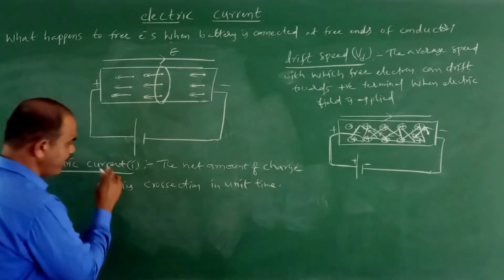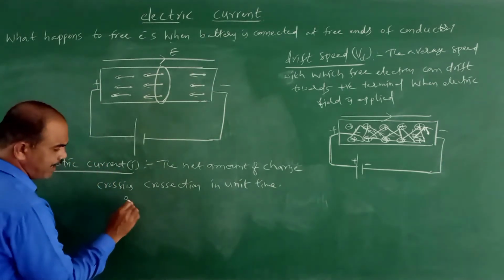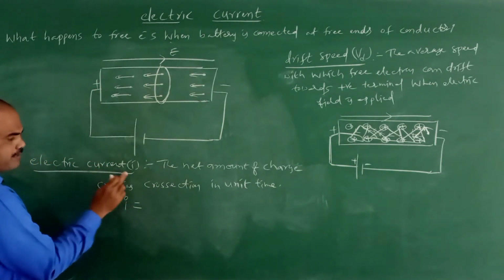So that will be called as electric current, and that's why I is the symbol of electric current.